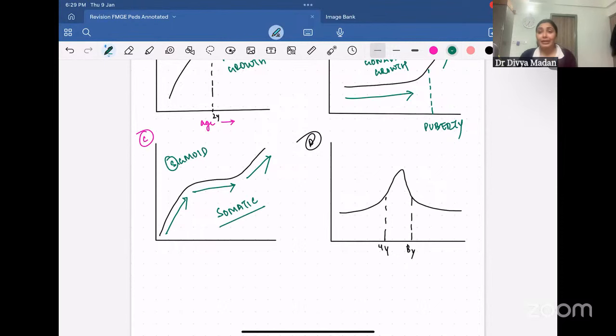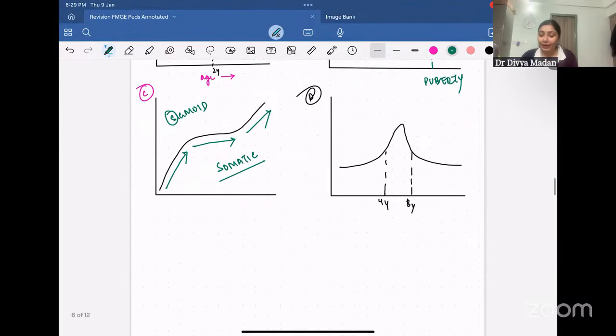We have seen that in the initial year, the weight doubles, triples. Within 5 months it doubles, then triples, then becomes 4 times. And thereafter there is a plateau. And again, as soon as the child hits puberty, there is an increase in the number and size of cells, and somatic growth will be on the higher side. So the S-shaped curve is for somatic growth.